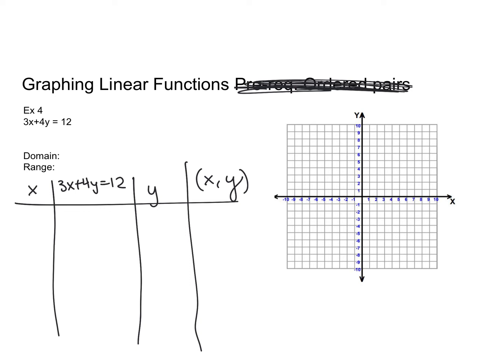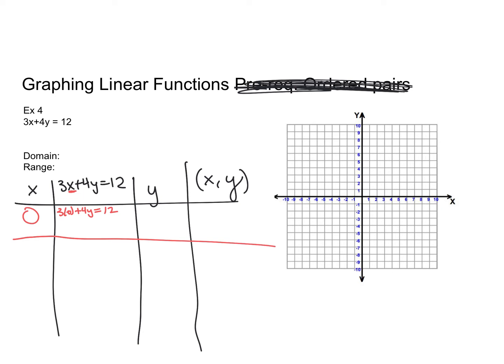Okay, so first thing I want to do is pick a value for x. I'm always going to pick 0 first. I cannot help it. It just is efficient and easy. And it also gives me the y-intercept, which is cool. So when I plug 0 in for x, this is actually going to require a little bit of special skills here because I'm going to have to solve for y.